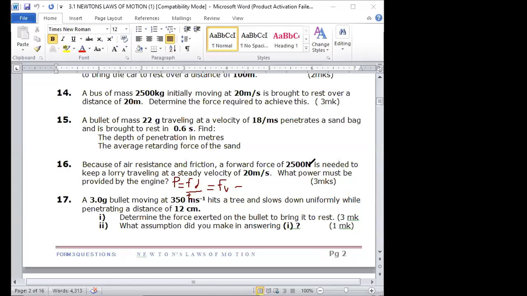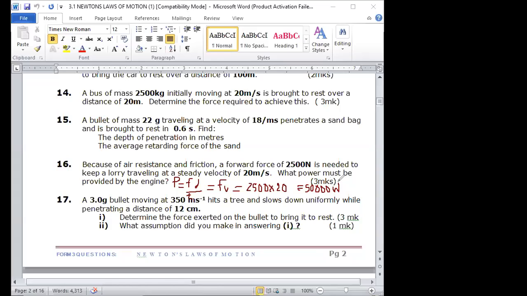We can see that the force here is 2,500 newtons. We multiply by the velocity of 20. This is going to be 25 times 2, that is 50, followed by 3 zeros. So it is 50,000 watts, or 50 kilowatts, it can be allowed. So that is how we can work on that question.